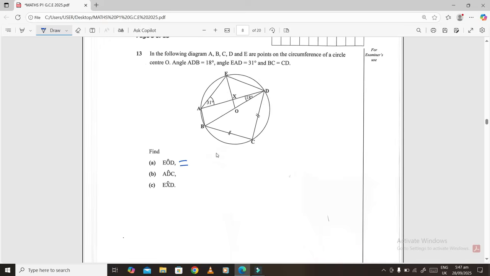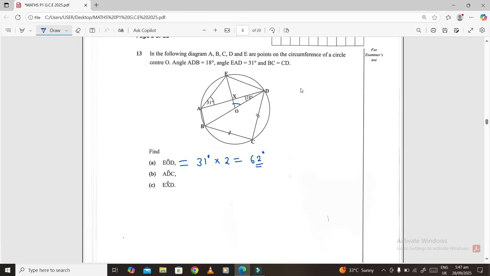For the first question here, they want us to find angle EOD. We are looking for this angle here. This angle will simply be equal to 31 degrees times 2, which will give us 62 degrees.